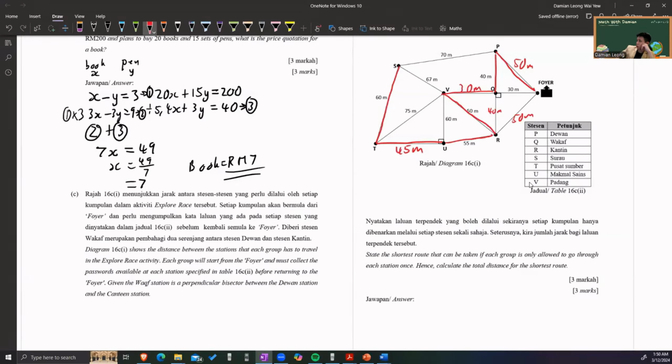And here will be shorter than going down, up and down. Yeah. So this should be the shortest one.